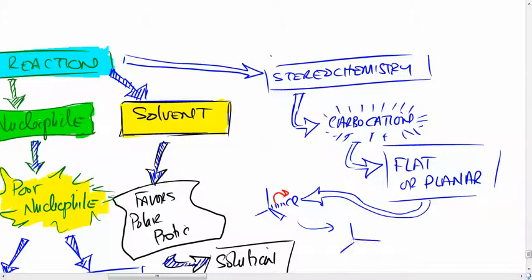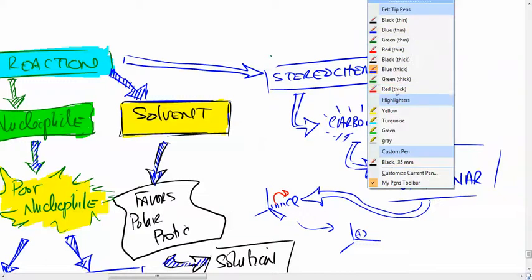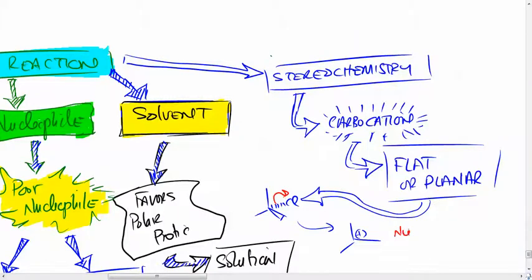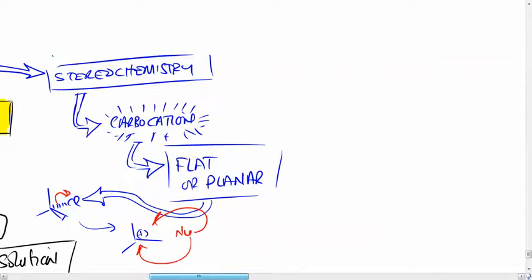Now this molecule has become flat, right? So that means that the nucleophile that's going to come in, because the SN1 is a substitution reaction, can come in from the top or the bottom. You're still talking about SN1. Right.